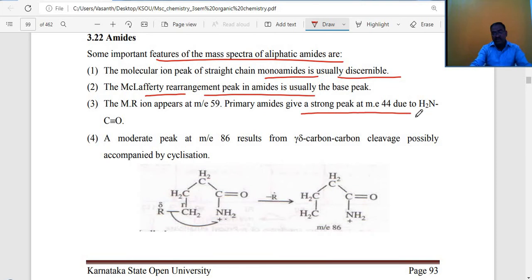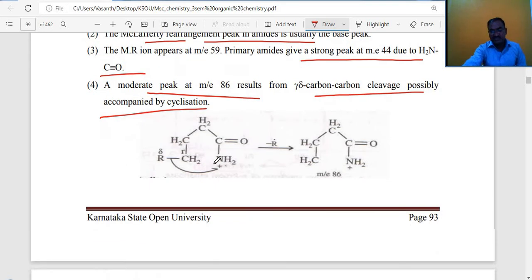Primary amides give a strong peak at 44 due to NH2CO. The moderate peak at M by E 86 results from gamma carbon atom alpha cleavage, possibly accompanied by cyclization.